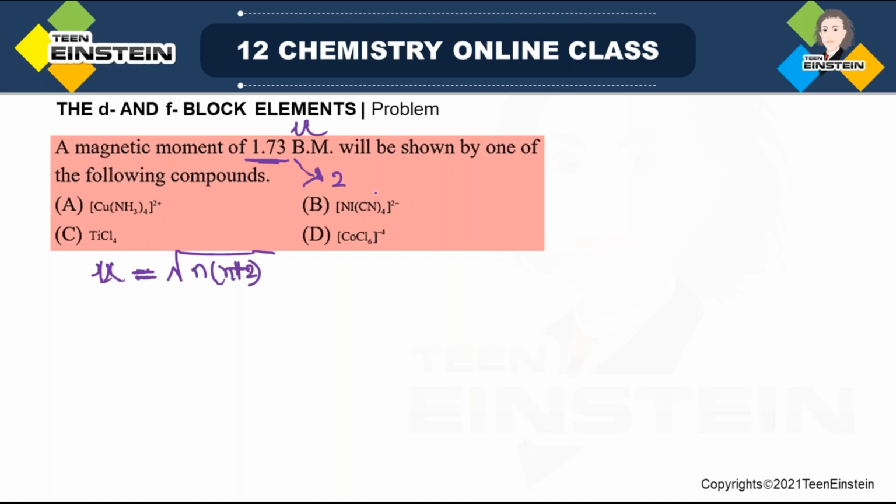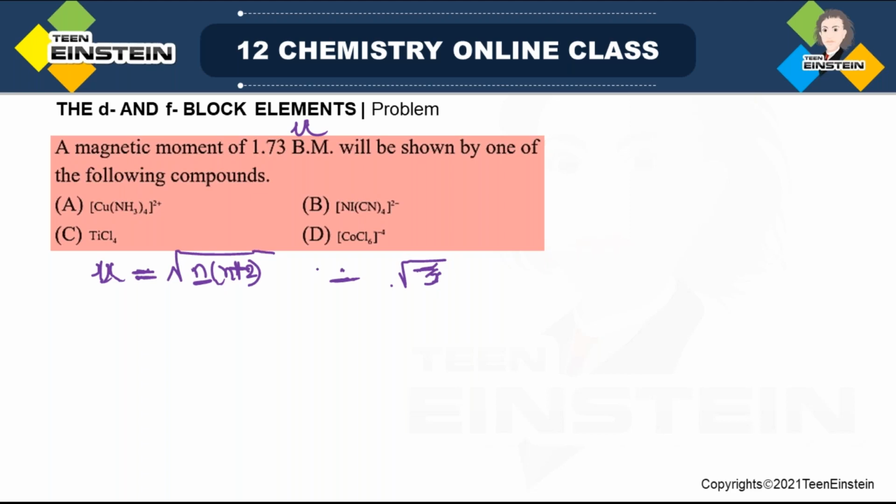Now, sorry, not in this way. Now minimum number of electrons, that is just one unpaired electron. That means minimum value for n is 1. So when it is 1, it will be 1 multiplied by 1 plus 2, that means 3. So it is basically root 3.